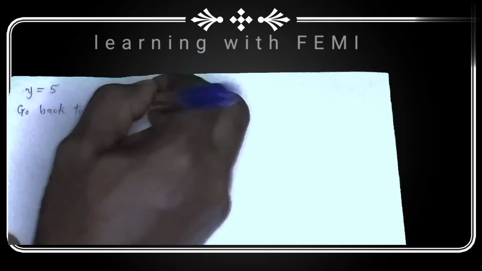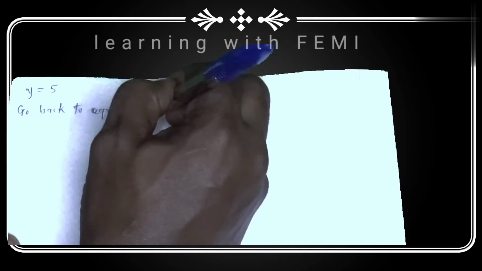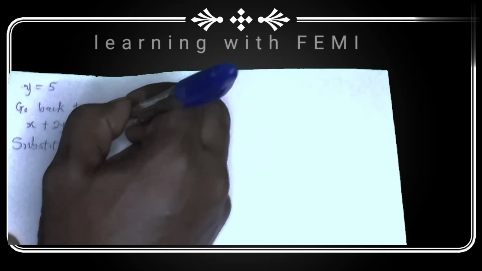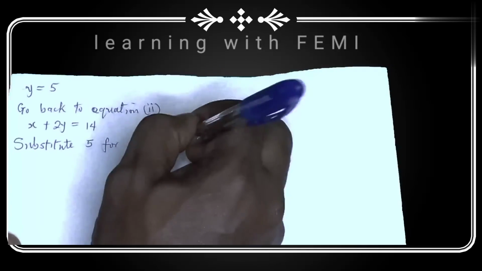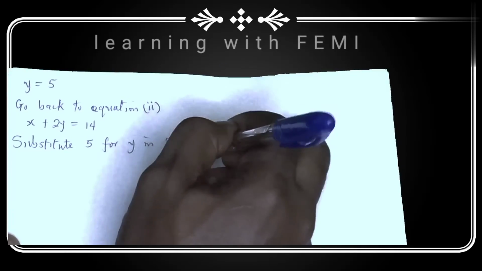Now, we go to equation 2, which says x plus 2y is equal to 14. We now substitute 5 for y in the equation.